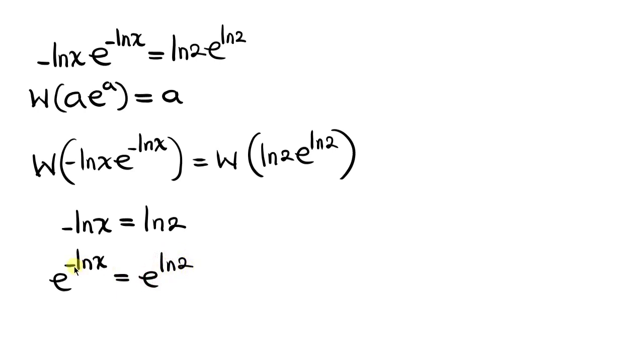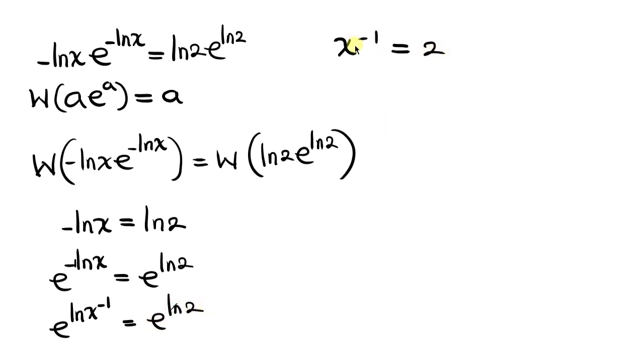And from the property of logarithm, this negative 1 can become the power of x. So this can be written as e to the ln x, now the power, negative 1, and this is equal to e to the ln 2. And since ln and e are inversely related, it leaves x to the negative 1 on the left-hand side, equal to, the same thing happens here, both can go off, leaving 2.